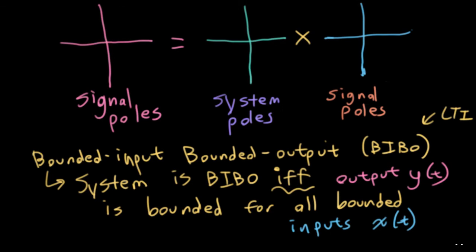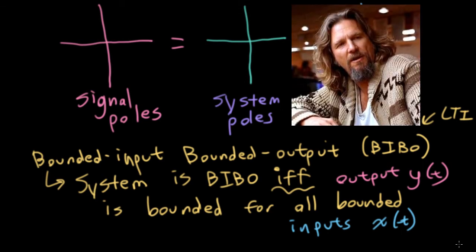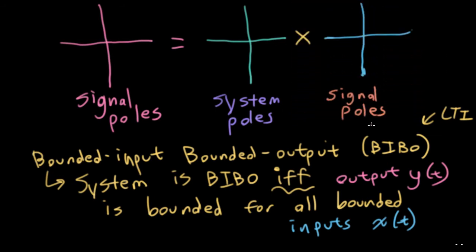But you need to be fair. If you give the system an unbounded input and it gives you an unbounded output, the system has to go, hey, dude, you can't complain at me. The deal is you give me bounded inputs and I'll give you bounded outputs. But if you give me an unbounded input, what am I supposed to do with that? I can't guarantee anything there. My BIBO contract didn't say anything about that.